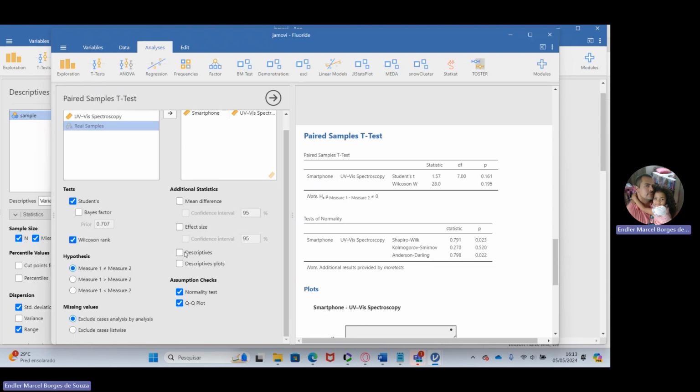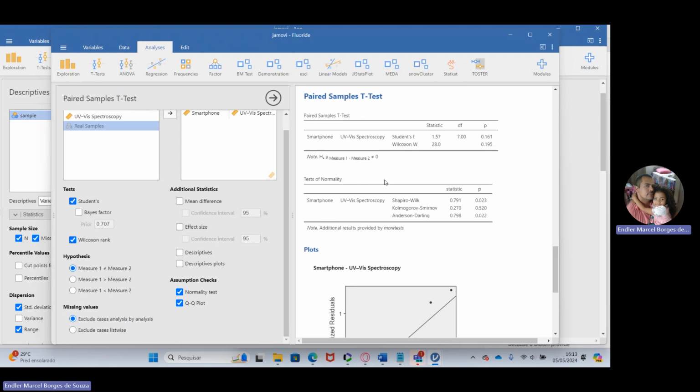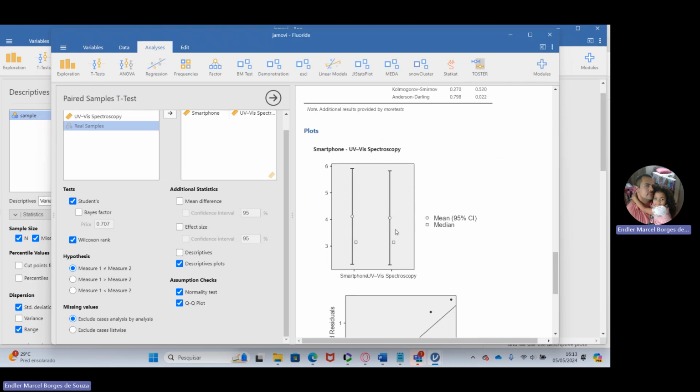I like graphical plots because a plot provides more information than just the p-value. We use the descriptive plots, and we can see that both methods provide very close results, and both methods have almost the same standard deviations. So we can say that the precision of the two methods is the same.